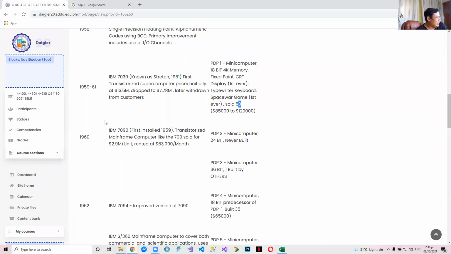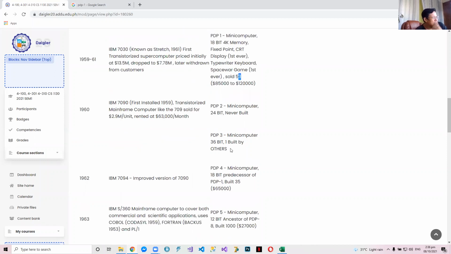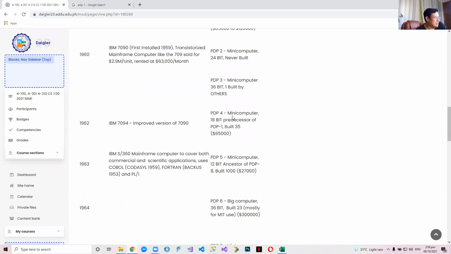Now, 1959 transistorized na ito, no? IBM released the 790 mainframe computer. Okay, it's a bigger version which sold for 2.9 million per unit and 63,000 a month rent. PDP-2 and PDP-3 were not built, but DEC released PDP-4, a mini computer, no, 18-bit like the PDP-1.